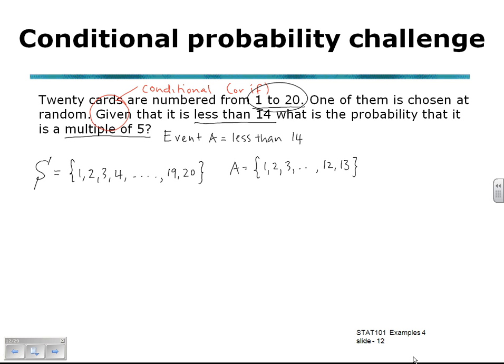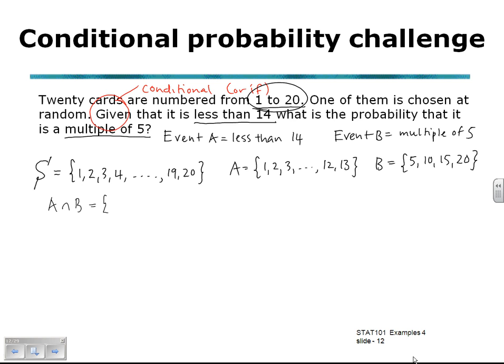Event A. If we define our event B as a multiple of 5, which of those cards make up our multiples of 5? B, shown in curly brackets, would be 5, 10, 15, and 20. And looking at A intersection B, what's happened in A and also happened in B?